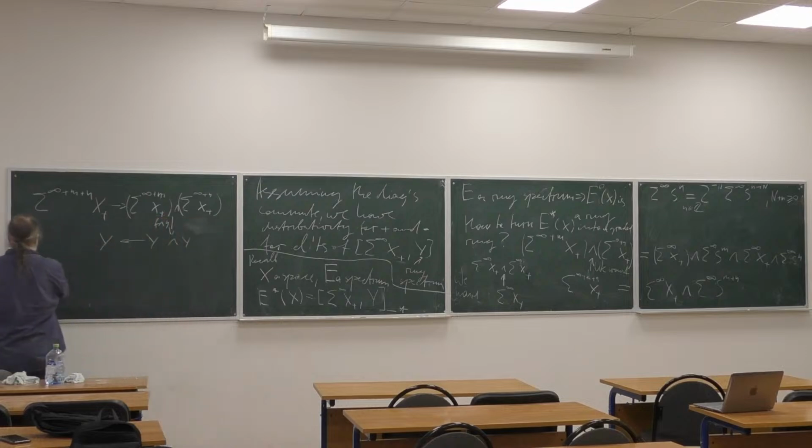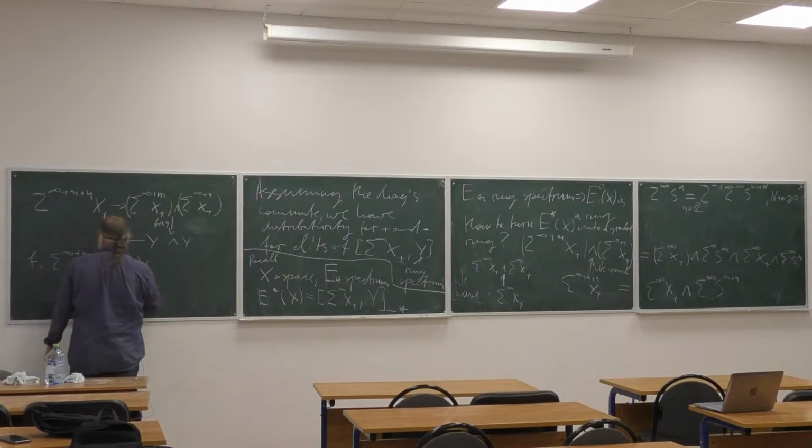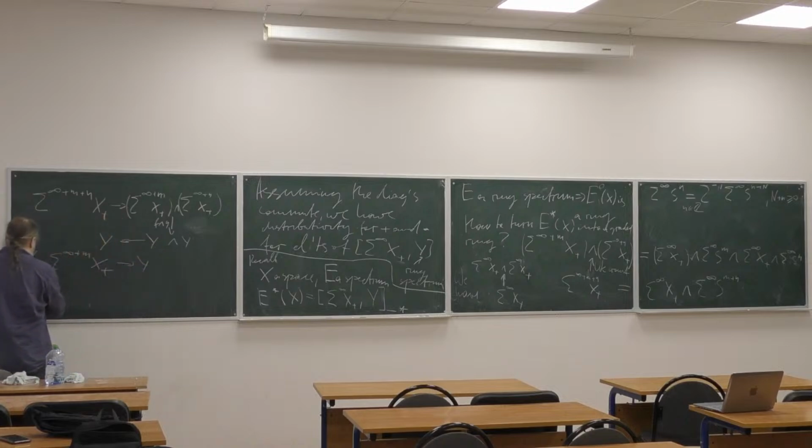What do we do? We take f from sigma infinity plus m x plus 2y, and we have g from infinity plus n x plus again to y, and we want to multiply them.